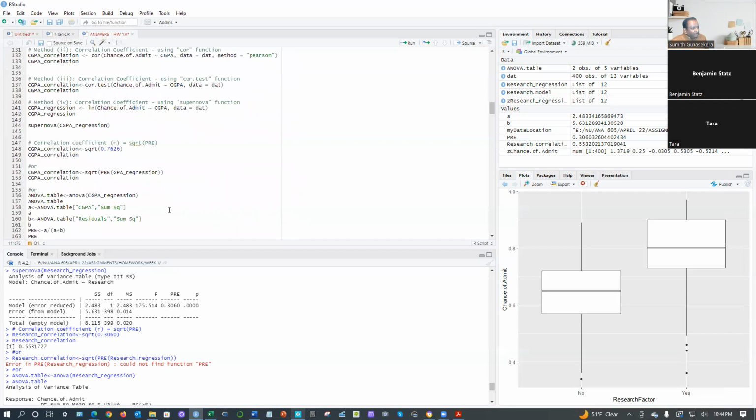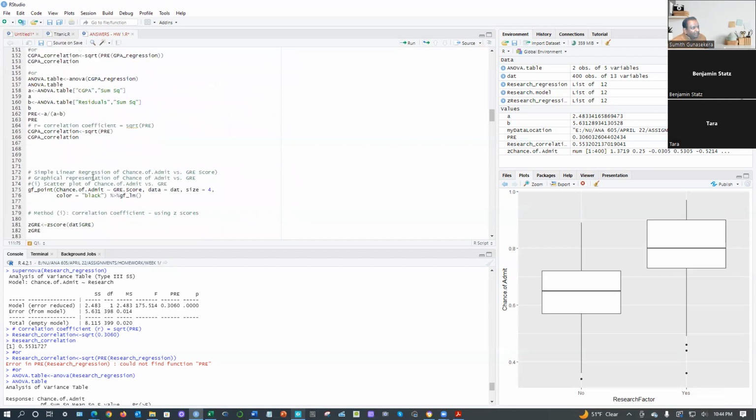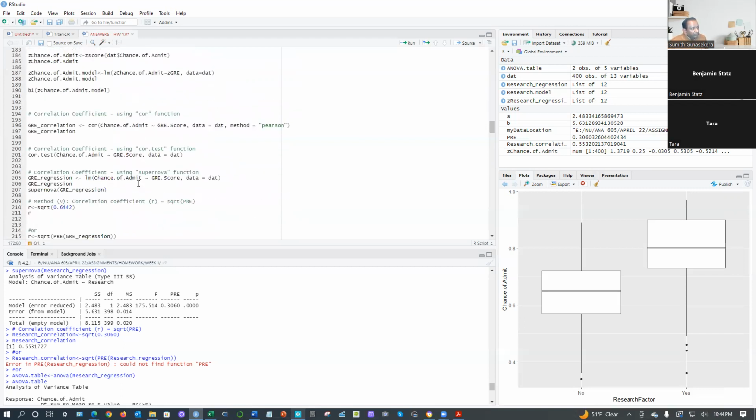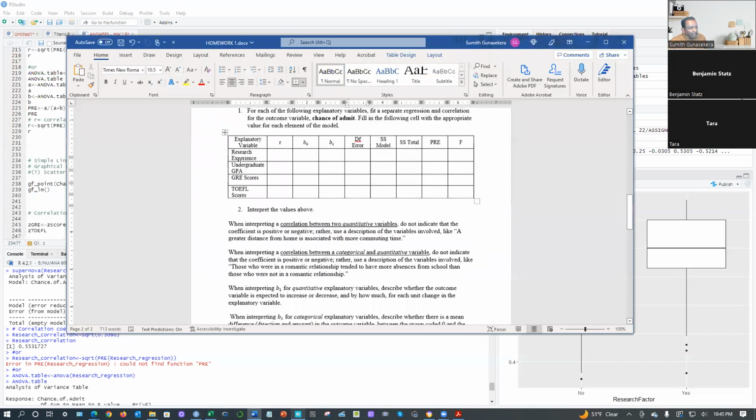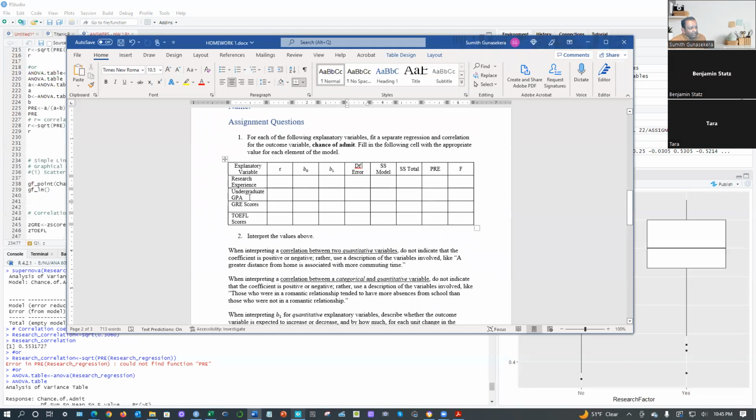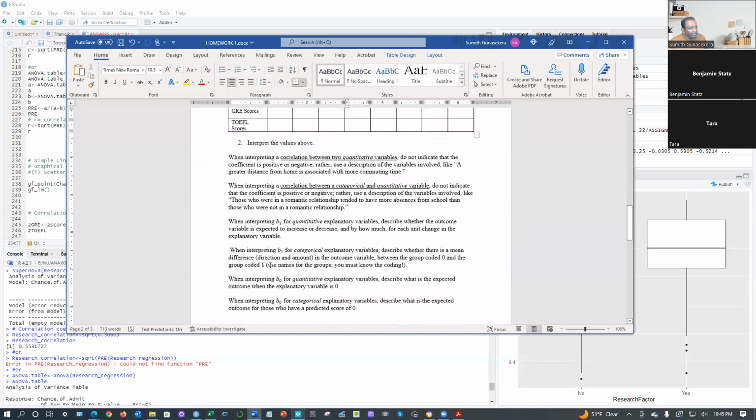Then GRE: regression model, third model. Then TOEFL score again: regression model. These are all regression models, not group models, because you get the values quantitative to quantitative.